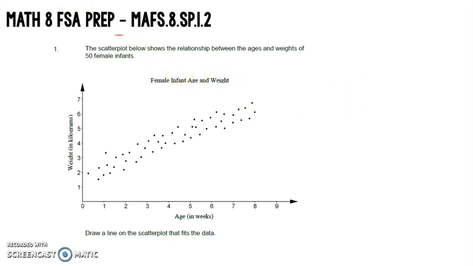What this graph means is that these 50 infants, and Lord willing, all infants, as they grow, they're gaining weight. So if I were to draw a line of best fit, it would probably be somewhere around here, where about half the data is above and about half the data is below. That's a really good line of best fit.